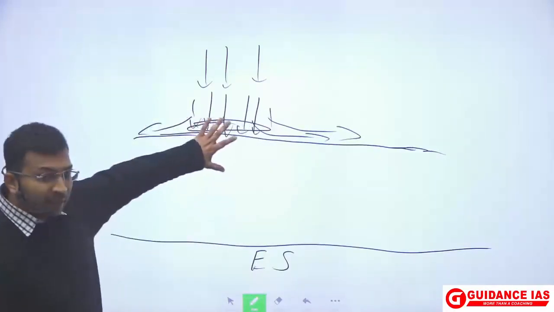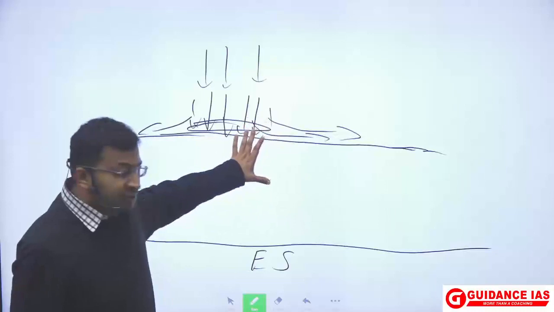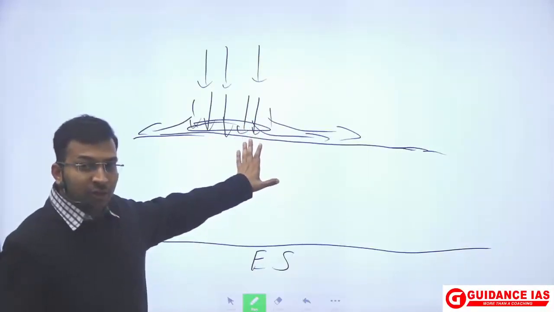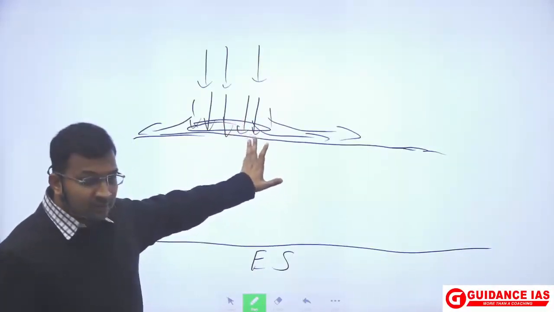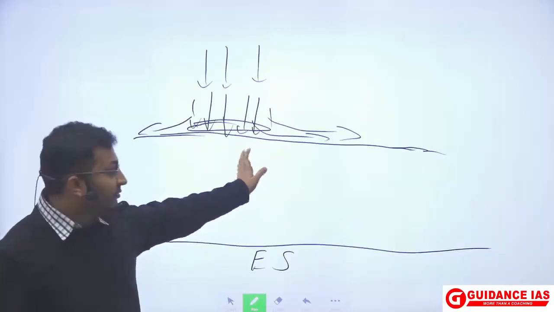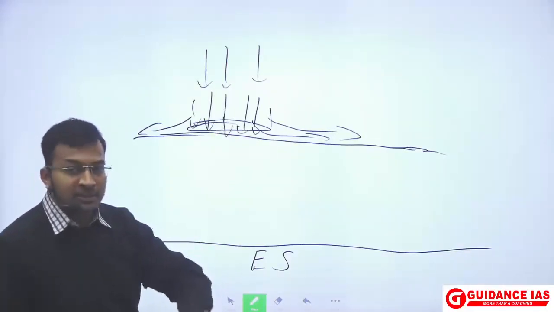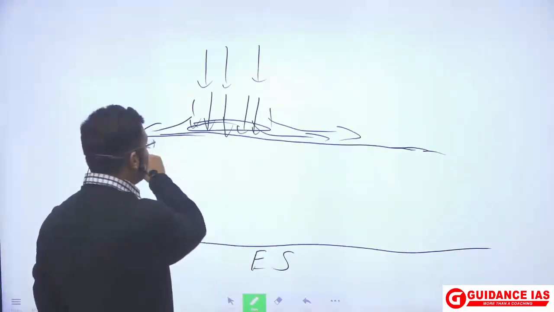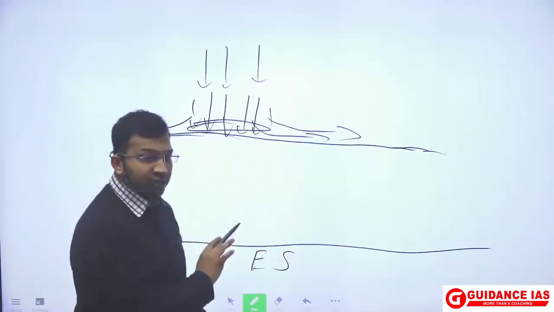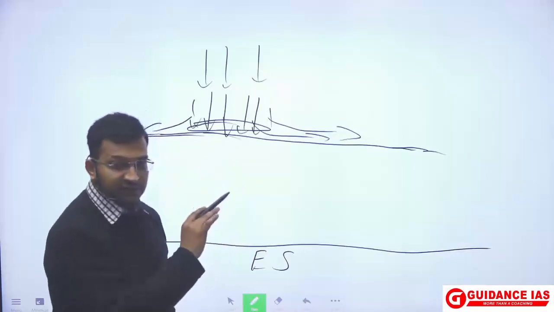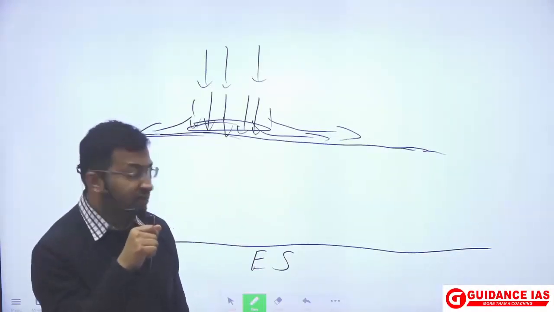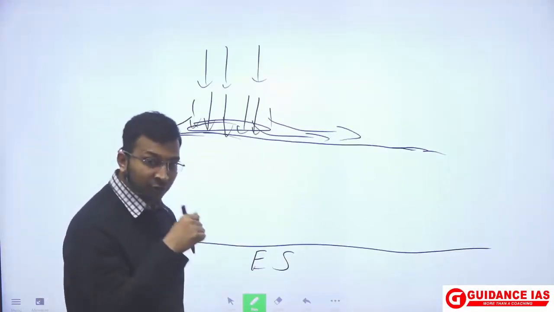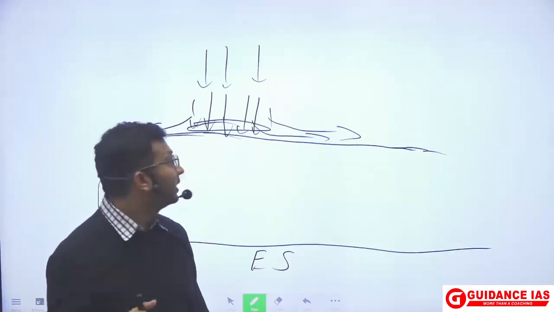This happens due to multiple phenomena which we will be looking into in our climatology chapters, topics which will be covered in future. But just for the time being, just understand that there is some stable layer over here which obstructs the subsiding air mass from further reaching the ground surface.